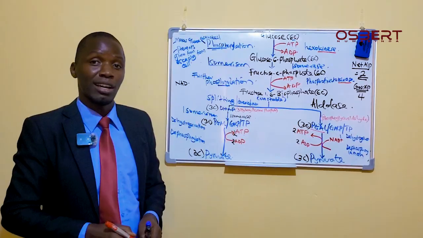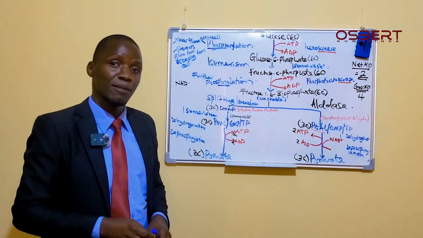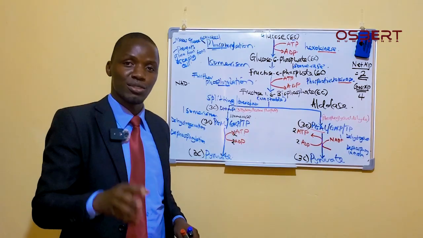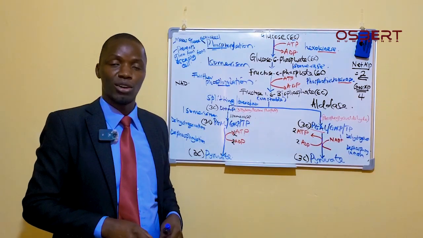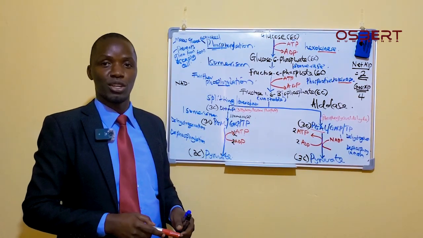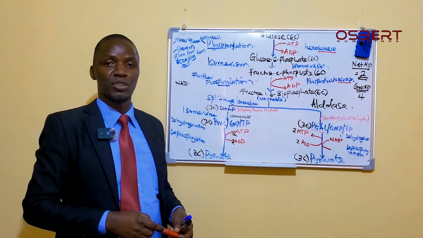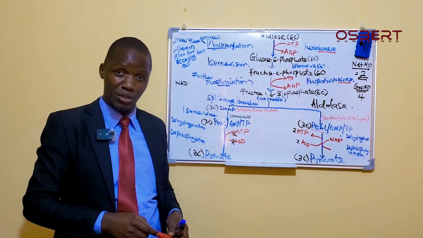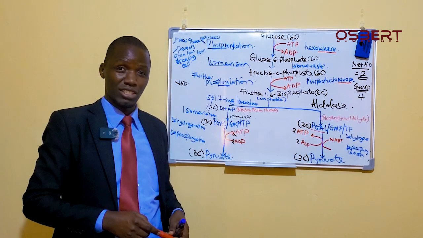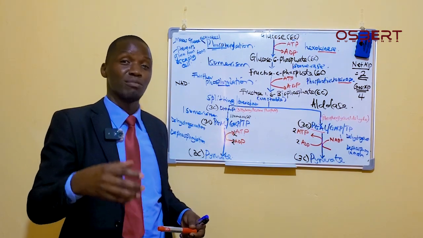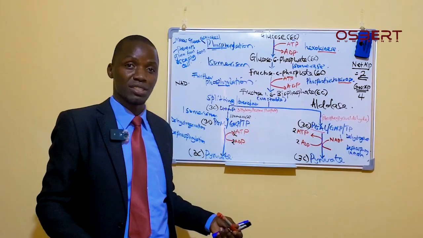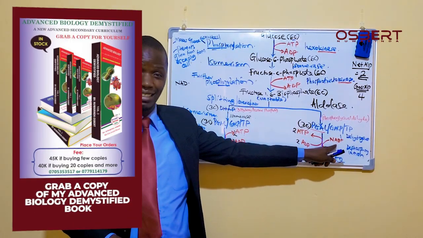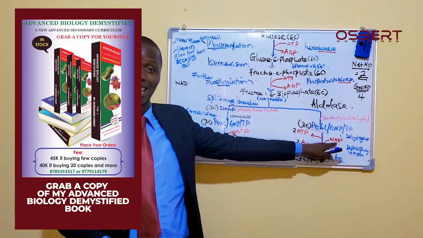Remember, oxidation means receiving of oxygen and then loss of hydrogen or loss of electrons. So if you don't have hydrogen, we say you have been oxidized. When you get hydrogen, we say you have been reduced. So NAD comes in when it is oxidized.